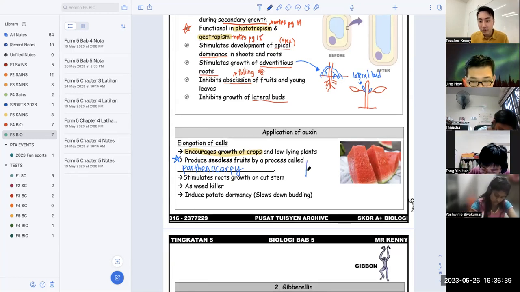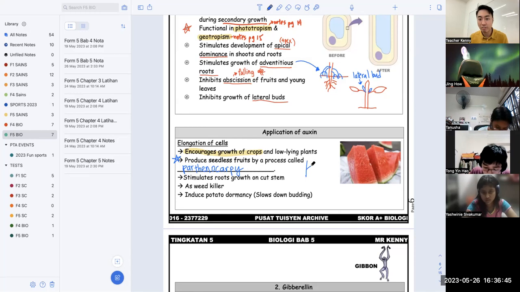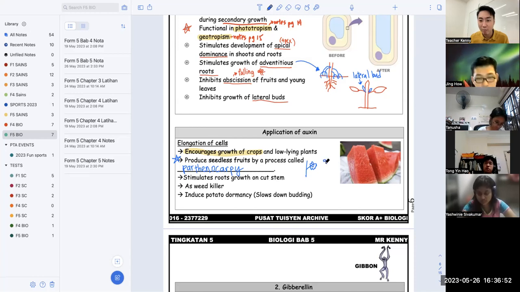Okay, so basically, take the flower. Just open flower like that. Okay, a very common, this is very common question. All right, and just spray auxin. This is a spray bottle.